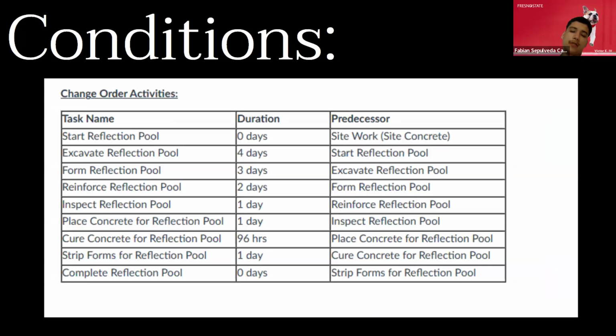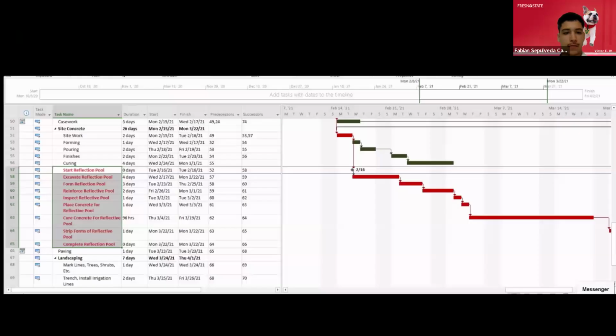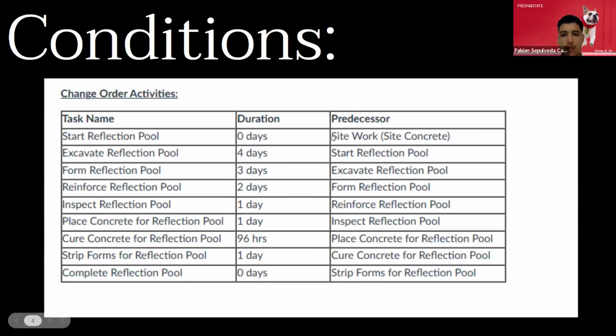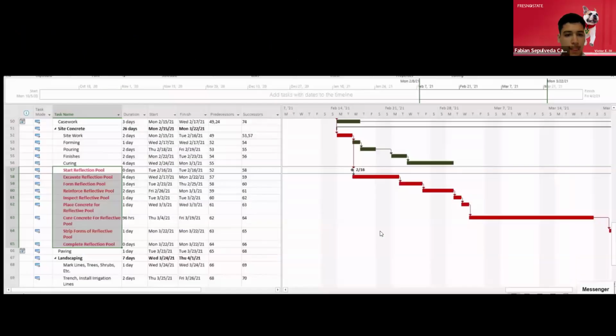Before I move on, there was a set of conditions that we had to do before we answered the questions. So we had to do all these activities, add them after, I believe, site work concrete was done. And it includes the predecessors, durations, and that would spit out a new change order summary. So here I have on the left, as you guys can see, all the activities that were in this page, along with the given durations and with the assigned predecessors.